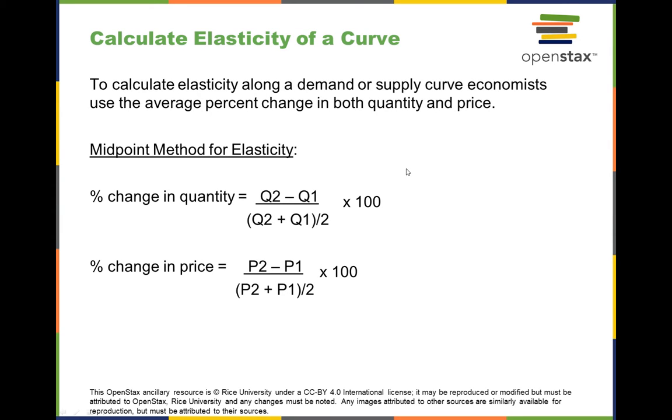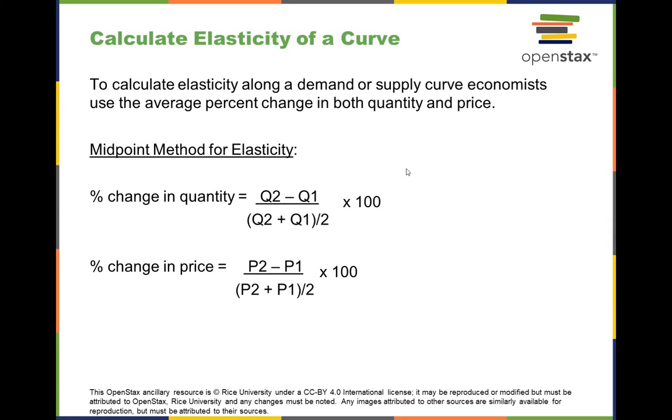And to calculate elasticity along a demand or supply curve, economists use the average percent change in both quantity and price. So the midpoint method of elasticity is the percentage change in quantity and the percentage change in price. We need both of those percentages. You take the second quantity and subtract the first quantity, and you divide it by those two added together divided by 2, which is the average, and take that times 100, basically, to get the whole number.